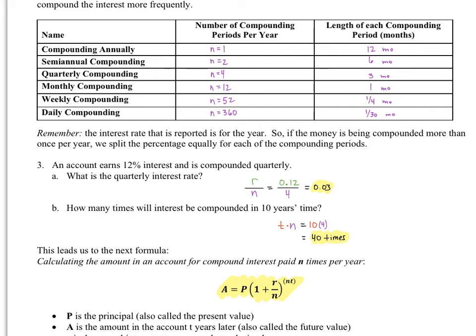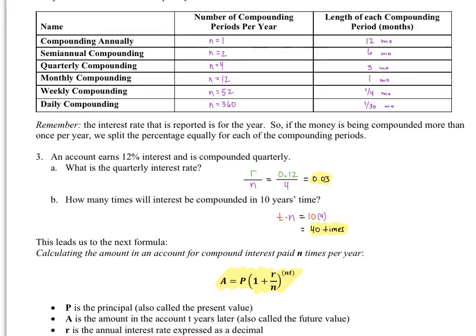Instead of just 1 plus R, it's 1 plus R over N, and then instead of just being raised to the T, it's raised to the N times T power to help us figure out how many times it's compounded.